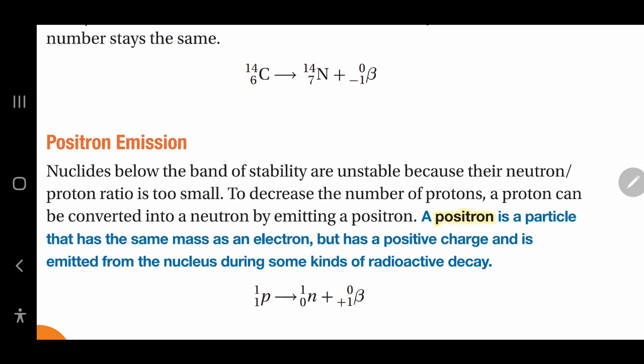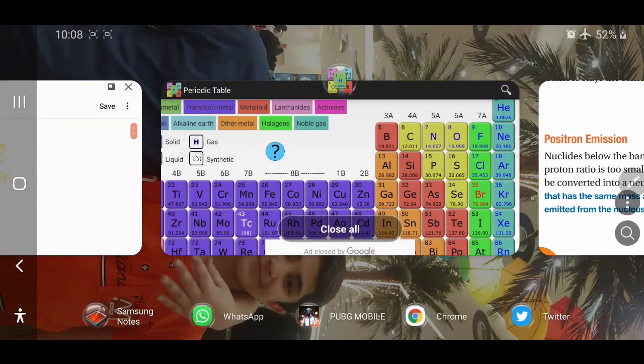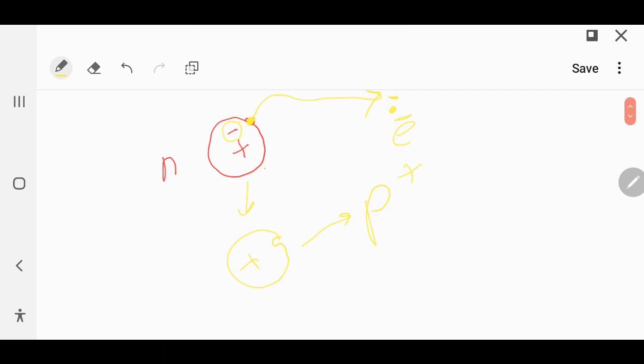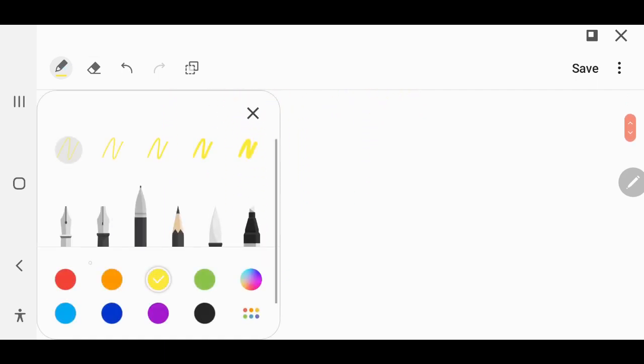And the next one is positron emission, which is a particle that has the same mass as the electron but has a positive charge and is emitted from the nucleus during some kind of radioactive decay. The situation here is totally different from the previous one. So we have the proton, which is positively charged.